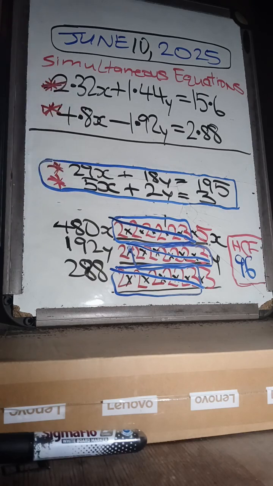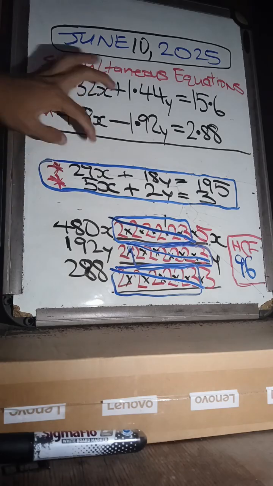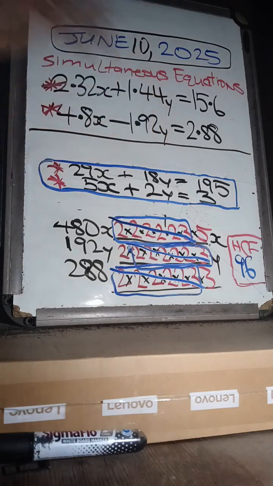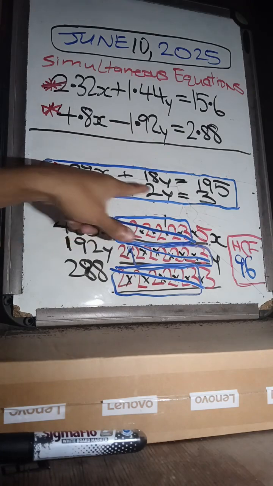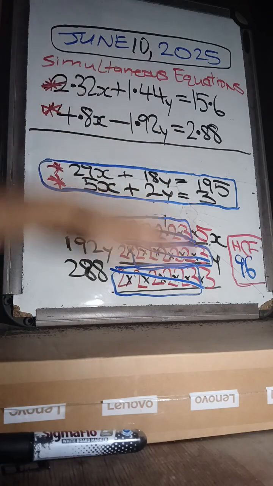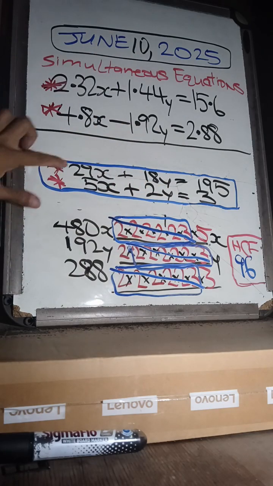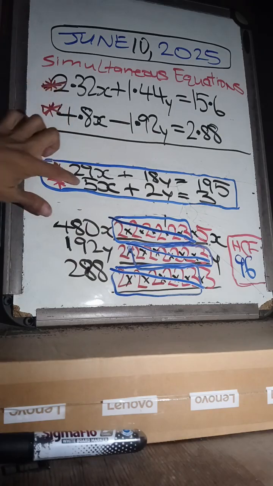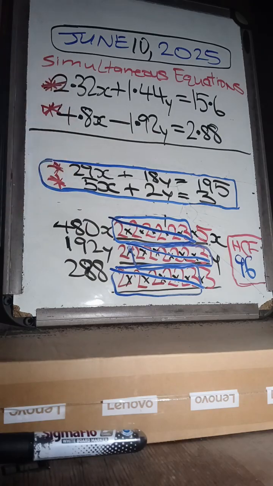The LCM of 2 and 18 is going to be 18. So it means that we're going to have to multiply this line by 9, leave the right side alone, but up here we multiply by 5, down here we multiply by 29, and that's what we do on the left hand side.